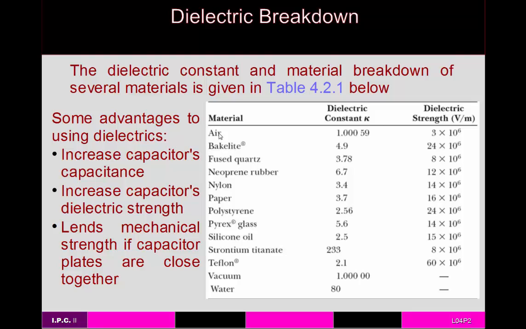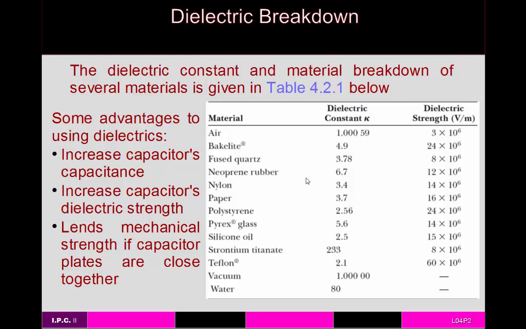And the air is what's commonly found between two plates if there is no dielectric in between them. Vacuum is the perfect 1.000 kappa, which basically means this is what we calculate the simple case based on.